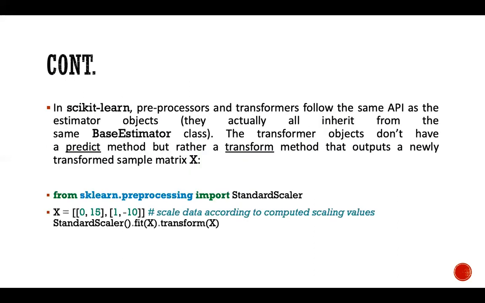So this is just an example. This is part of the preprocessing module in the API, and this is the standard scaler, which does the scaling, or standardization. You just need to use the fit method and fit.transform.